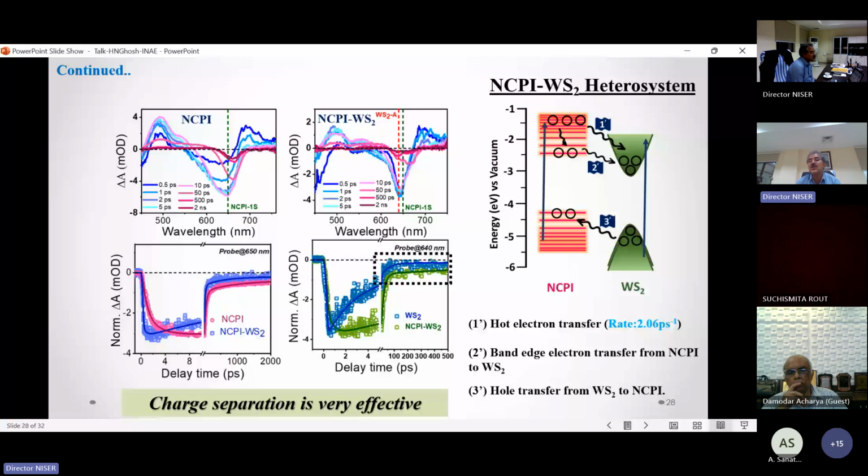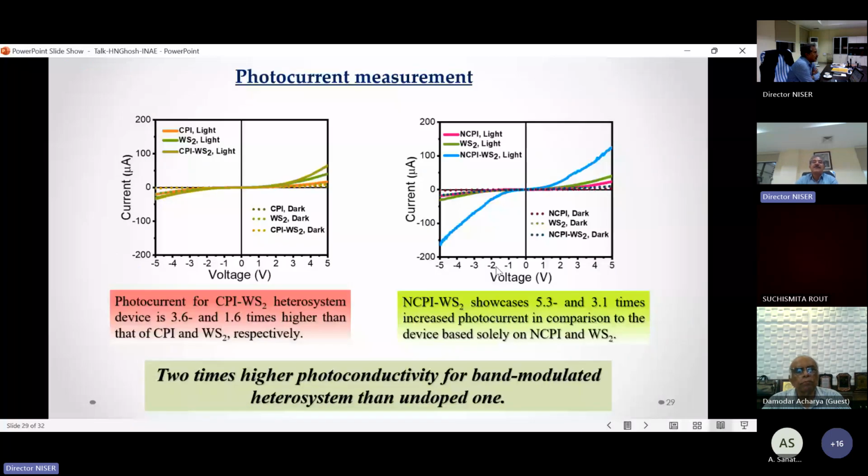So electrons are accumulated in WS2 and holes are accumulated in NCPI. We could see real charge accumulation, and the charge separation is very, very effective. We talked about hot electron transfer and band-edge electron transfer, and from monitoring the kinetics we have determined these. So what we did next, we measured the photocurrent.